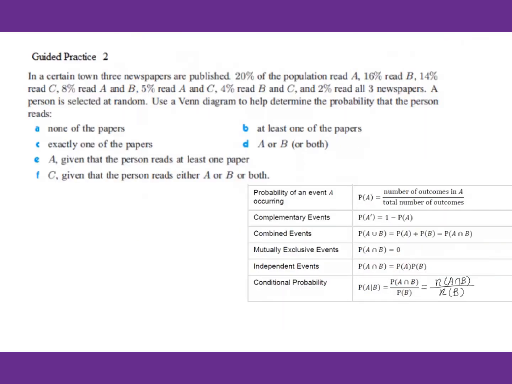Let's go to guided practice 2. In a certain town, 3 newspapers are published. 20% of the population read A, 16% read B, 14% read C. 8% read A and B, 5% read A and C, 4% read B and C, and 2% read all 3 newspapers. A person is selected at random.